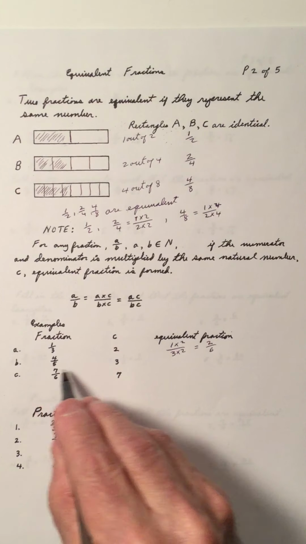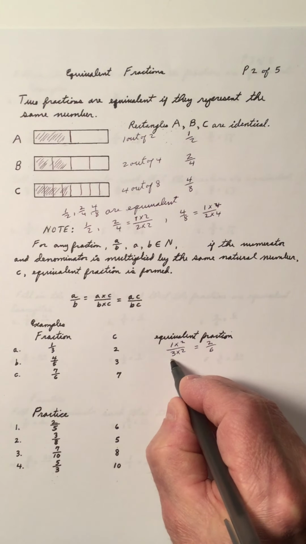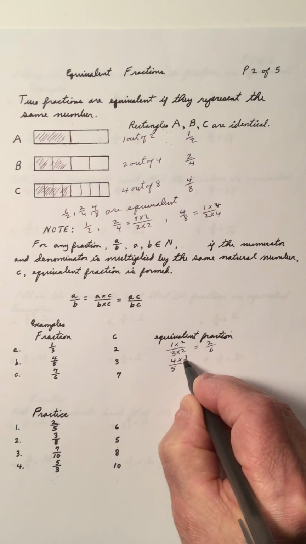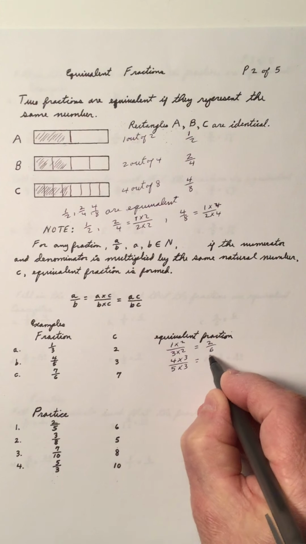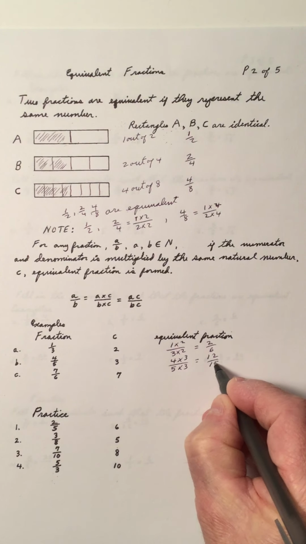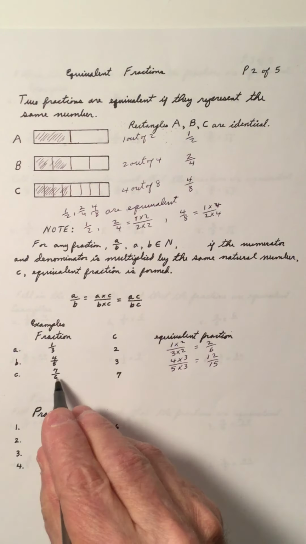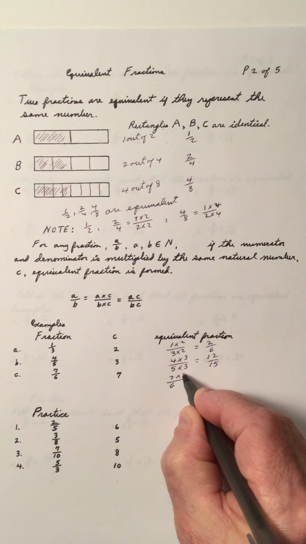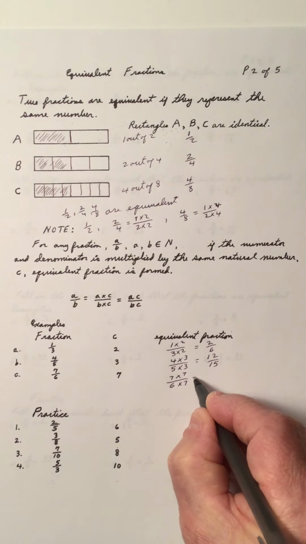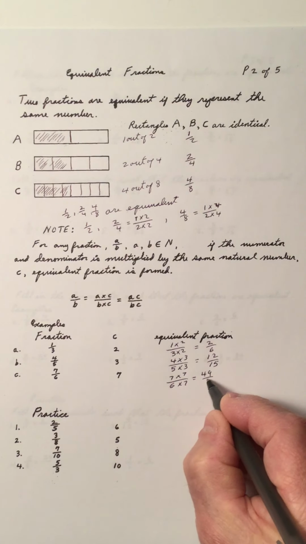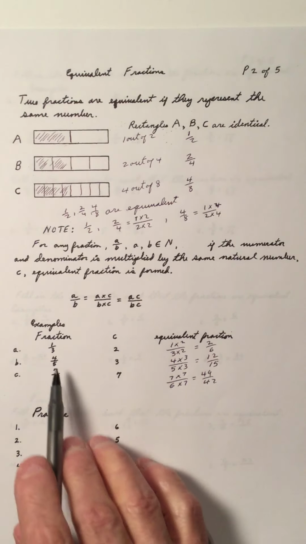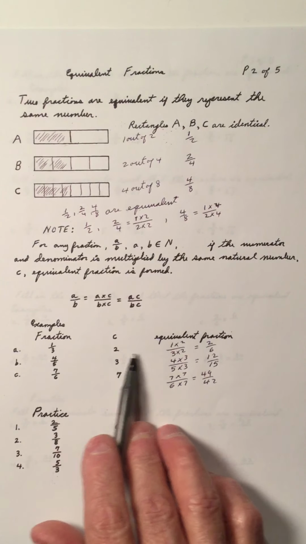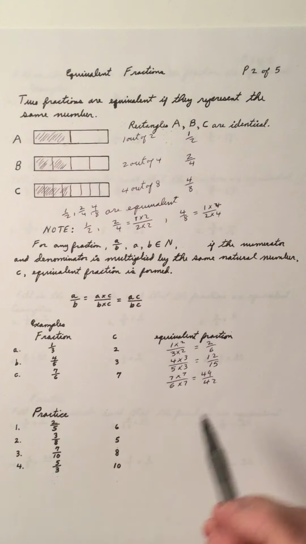If I take 4 over 5 and multiply top and bottom by 3, I'll get 12 over 15. And if I take 7 over 6 and multiply it by 7 and 7, I get 49 over 42. So multiplying the numerator and denominator, top and bottom, by the same number will give you an equivalent fraction.